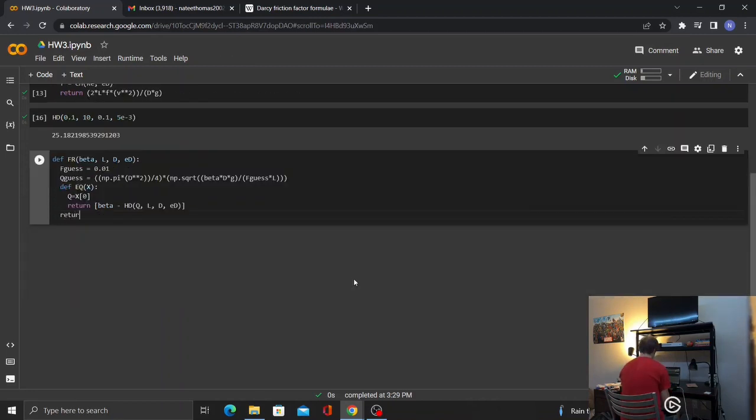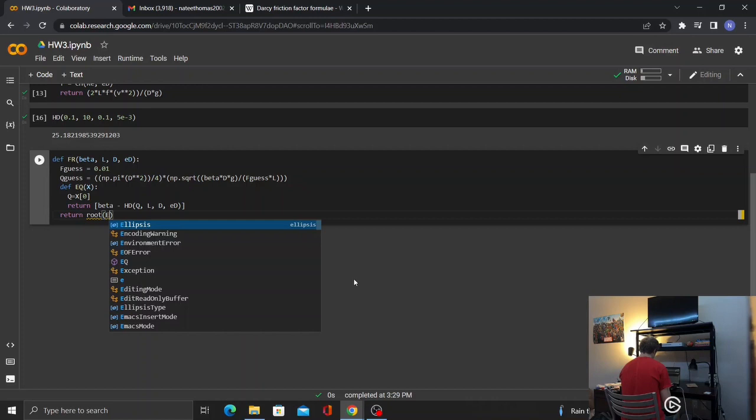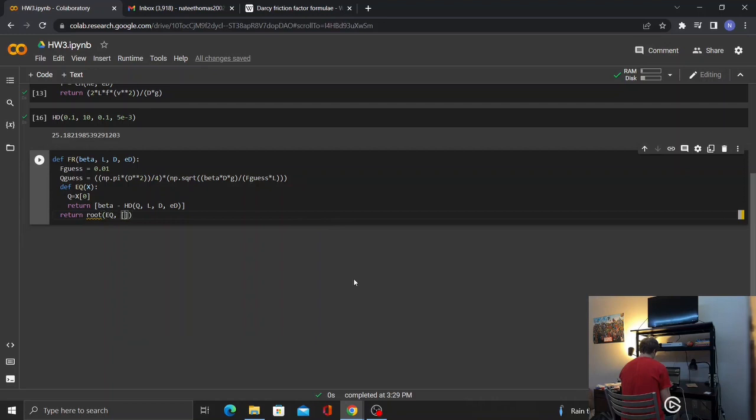And then we will want to return, using our root solver, the equation, and using our guess value of Q guess, and then we have to put that it is going to be our first value in our array.